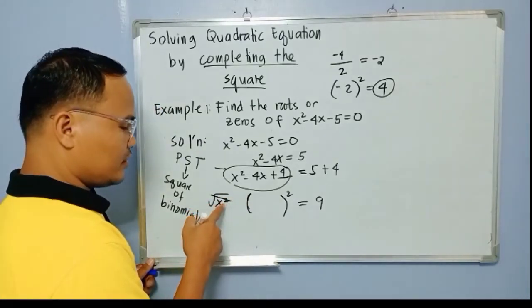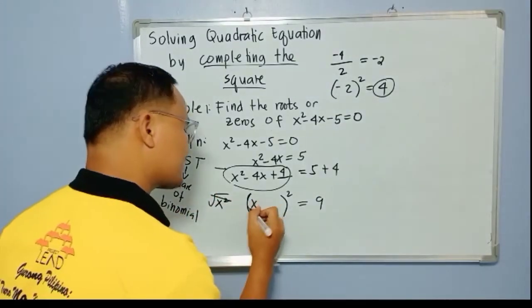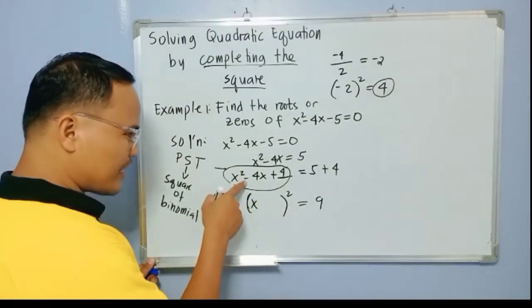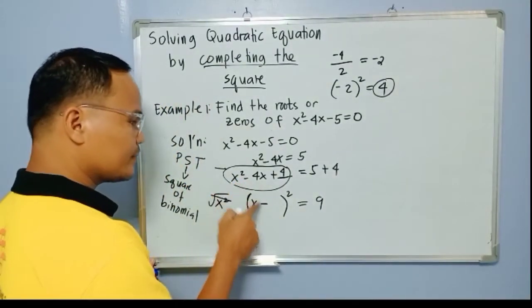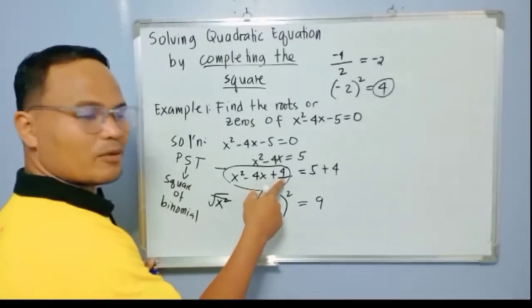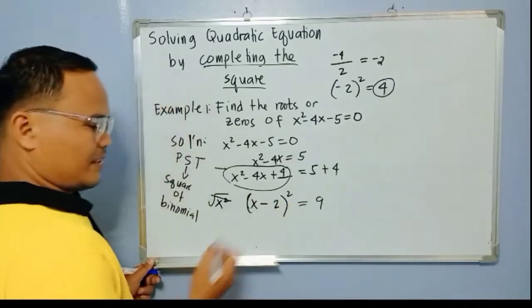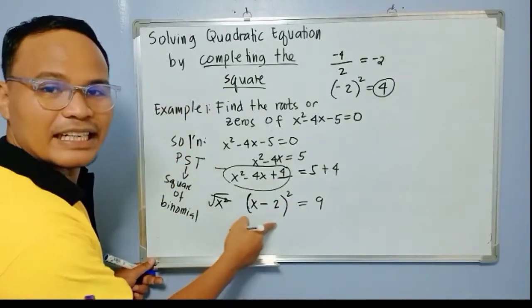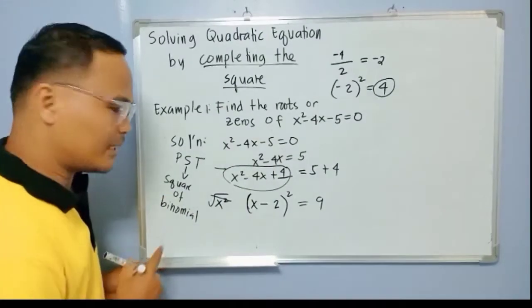The exponent 2 and the radical symbol cancel out. So here we have x. Then what is our sign here? It's minus. Okay? And get the square root of the constant term. What is the square root of 4? That is 2. So that is now the binomial inside the parentheses. So this is called a square of a binomial.